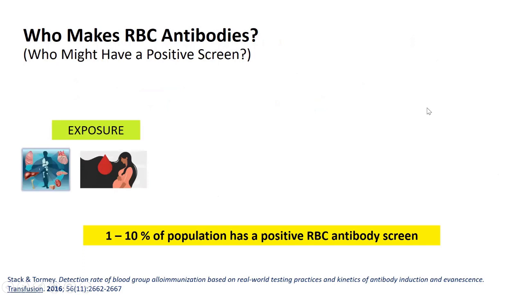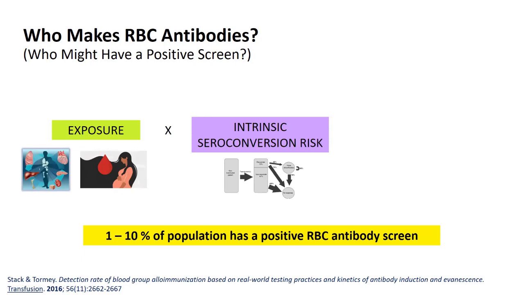But the foundations of screen positivity begin with an exposure to foreign red cell antigens, and that can be by pregnancy or transfusion, or to the scant passenger erythrocyte contaminations of solid organ transplant grafts or even tissue grafts. An exposure cooperates with the recipient's intrinsic seroconversion risk, that is, whether or not they're an immune responder.